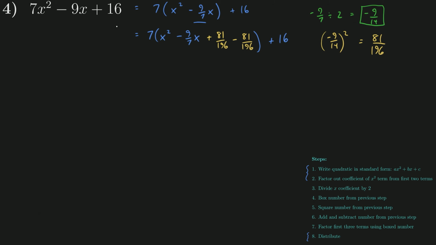Like before, for step 7, these three terms should factor perfectly using the number in the box. So we'll write that as 7 times parentheses, x minus 9 over 14 squared minus 81 over 196, close parentheses, plus 16. And for step 8, we're going to distribute and simplify.